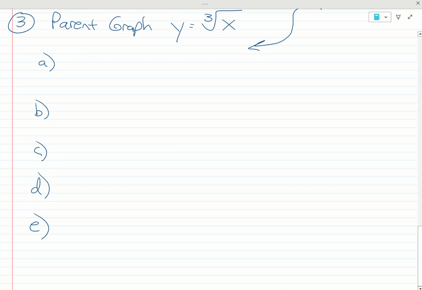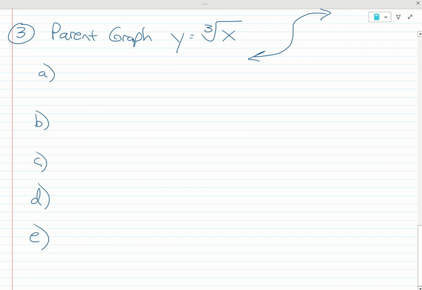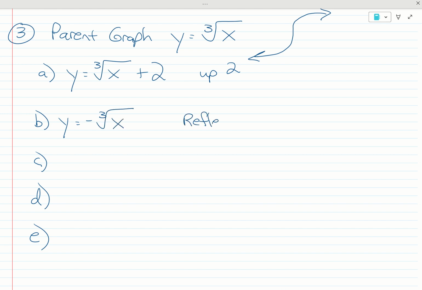Okay, and what I'm going to do is I'm going to pick one option where I put a +2 on the outside. What you're going to do is you're just going to tell me that this graph goes up 2. If I put a negative in front of the graph, you're going to tell me that this reflects over the x-axis.